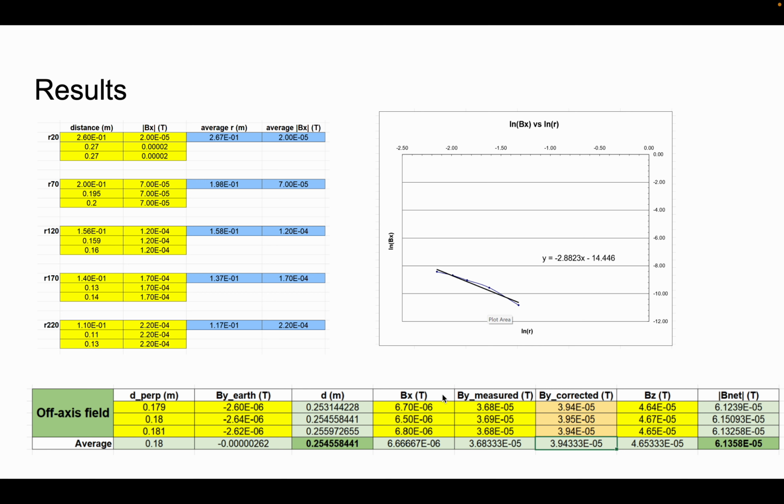For the second part of this experiment, we moved the phone to the parallel distance required to generate a magnetic field of 100 in magnitude, then moved the phone up by the same distance and calculated the magnitude of the magnetic field in each component.